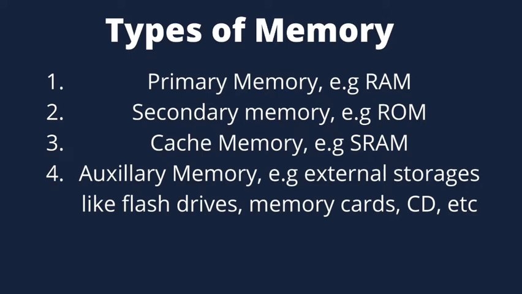And we have the auxiliary memory, your external storages, like your flash drive, your memory cards, your CD, etc. These memories are what we'll be looking at in this topic, but the topic is going to stretch for 2 weeks, so I'll basically talk about the primary memory.